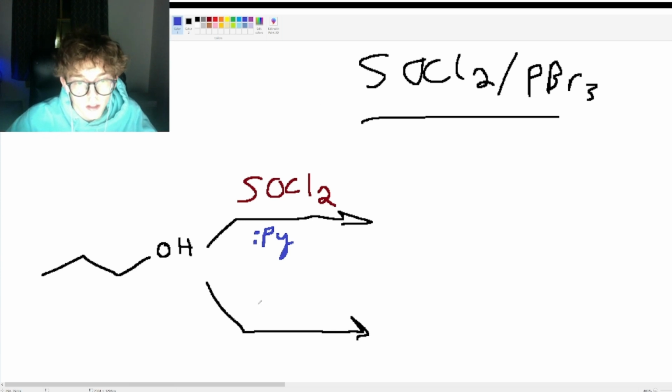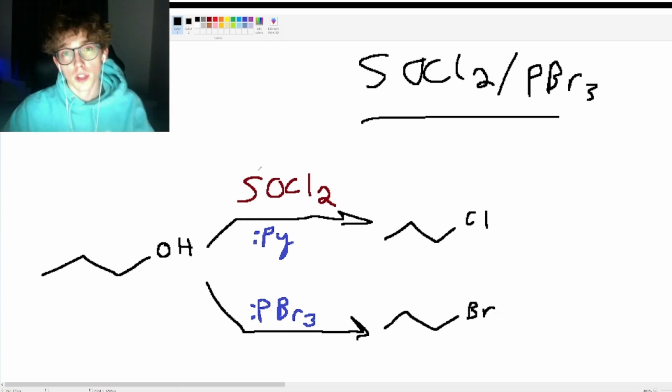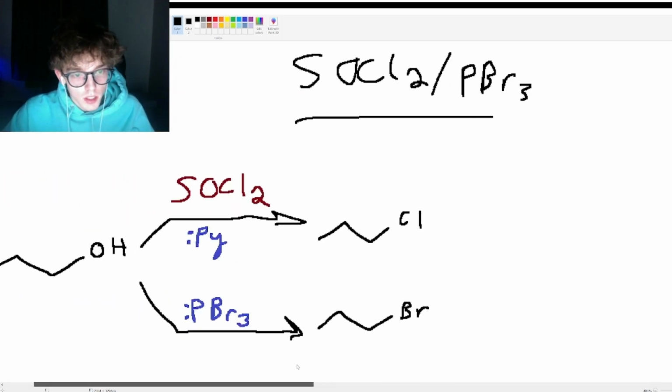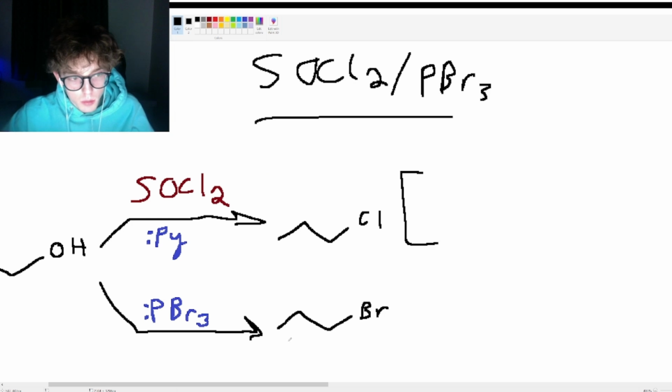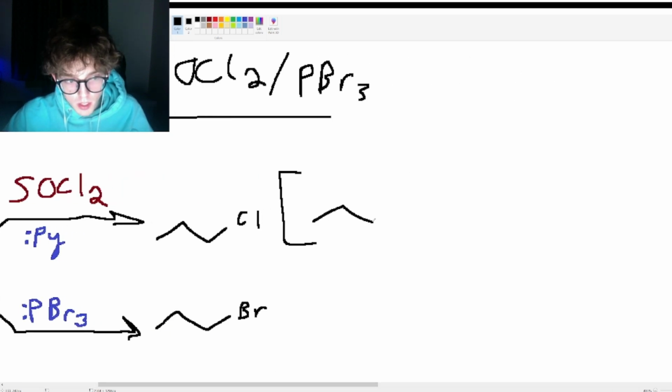So it's just phosphorus tribromide. And what you'll see is that you get these products here. Alright, so you will most likely in your class be expected to know the mechanism. So I just want to get into it here. We'll do SOCl2 first, and then we'll get into phosphorus tribromide.